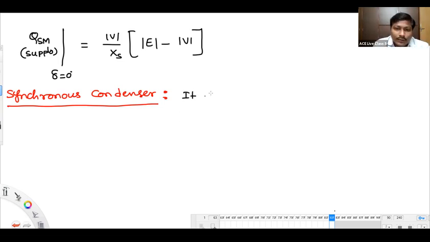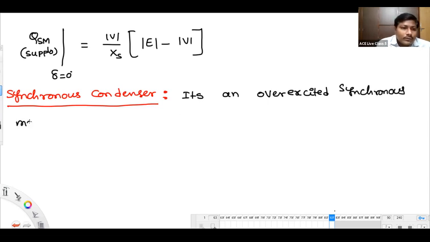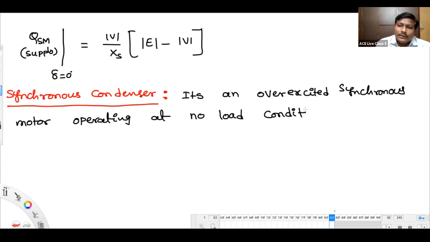It's an overexcited synchronous motor operating at no load condition. What do you mean by overexcitation?